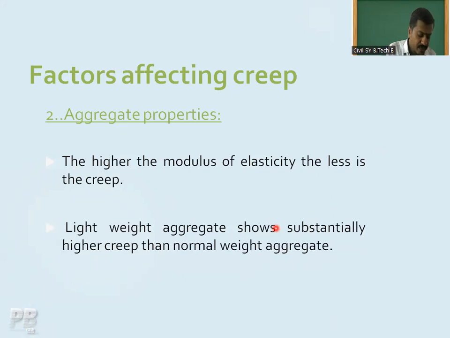Lightweight aggregates can be used for lightweight structures, where load is not the prime factor. Otherwise, please use normal weight coarse aggregate. What is normal weight coarse aggregate? The unit weight of the coarse aggregate will range from 18 to 23 kilonewton per meter cube. Okay, more than 18, or 20 to 23 kilonewton per meter cube.